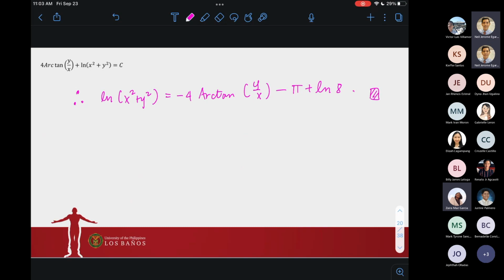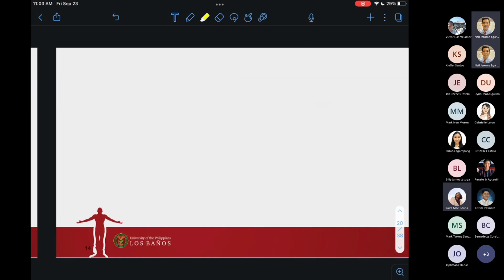So this is our final answer. So ito yung particular solution. Okay? Any questions? So kailangan matyaga pag-i-integrate at matyaga kapag mag-expand, magsosolve ng mga equations. All right? Again, one more example.